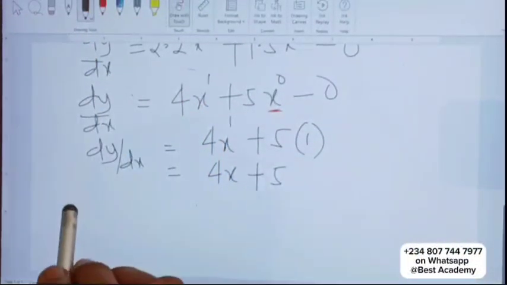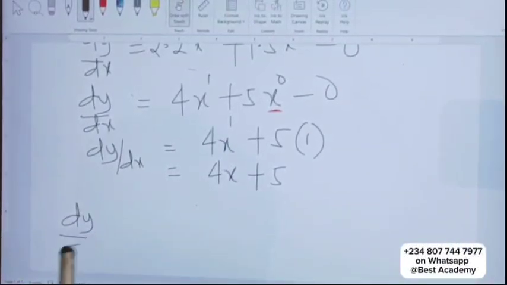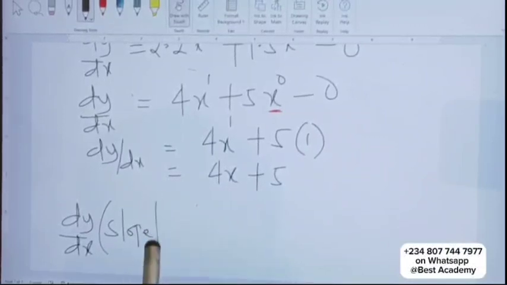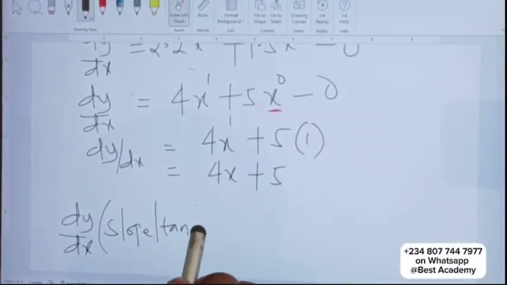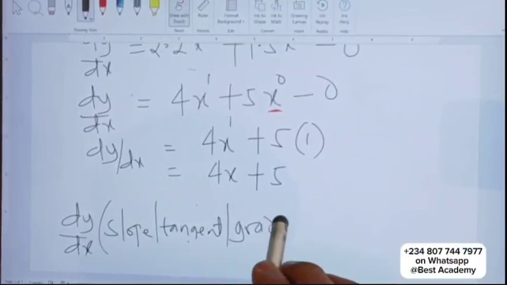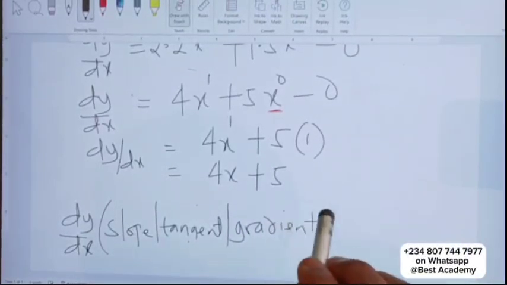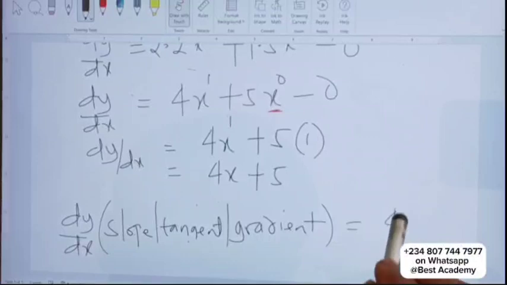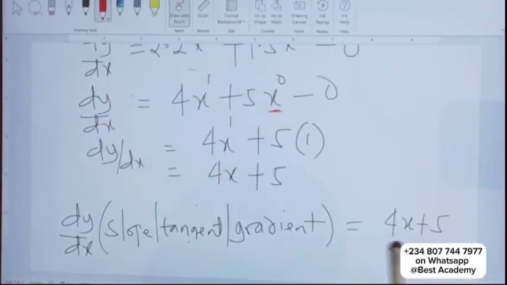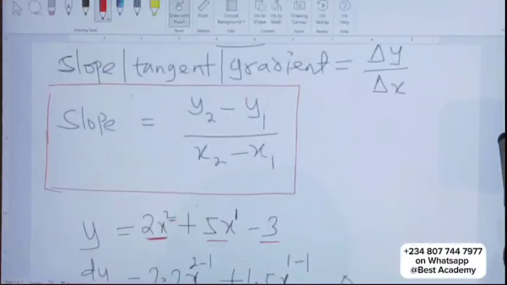Remember that dy dx is the same as the slope, or tangent, or gradient. Please take note of this, which is equal to 4s plus 5. So we have calculated the slope, but they gave us the values for s and y.